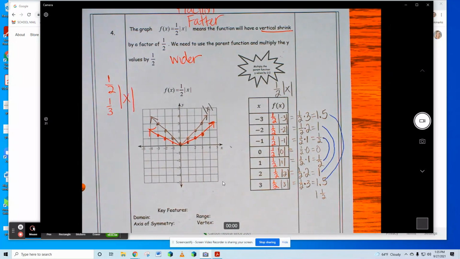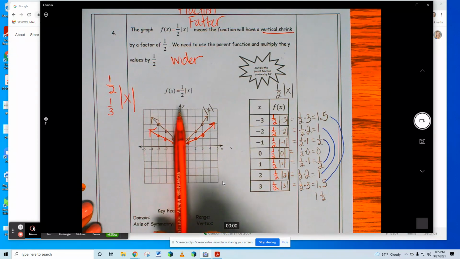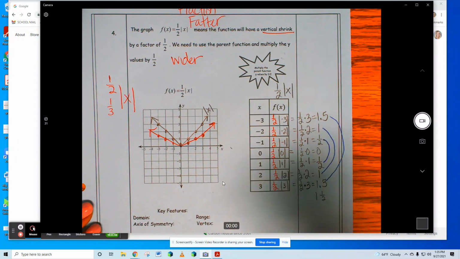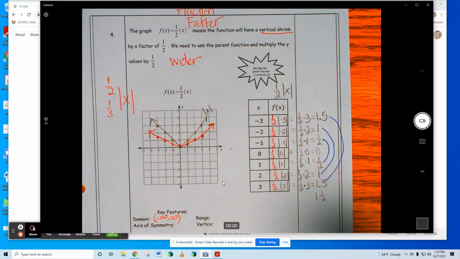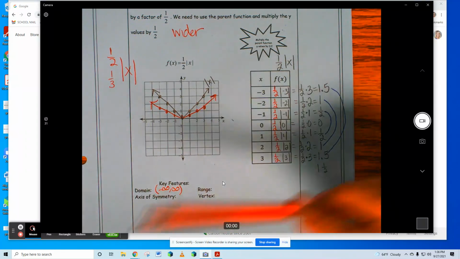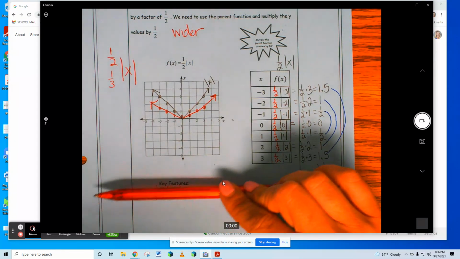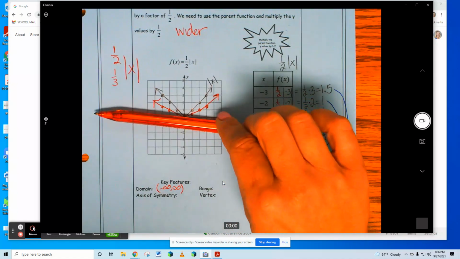The domain: scan it from left to right. Negative infinity to positive infinity. All real numbers. My range: nothing in the negatives. Oh, it starts at 0.